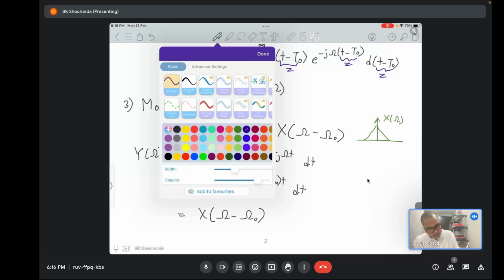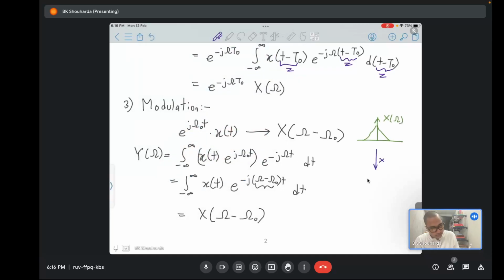in the time domain, if you multiply it by this complex exponential, now let me tell you, complex exponentials do not exist on their own. As you have seen earlier, complex exponentials actually give rise to cosine or sine, so we are just dealing with a part of it. e to the power j omega naught t.